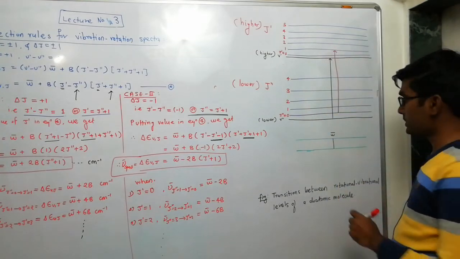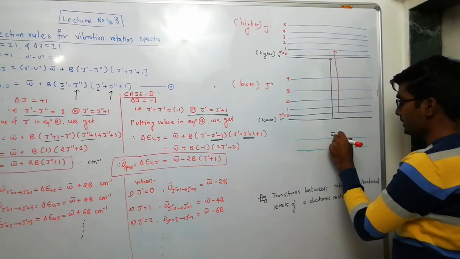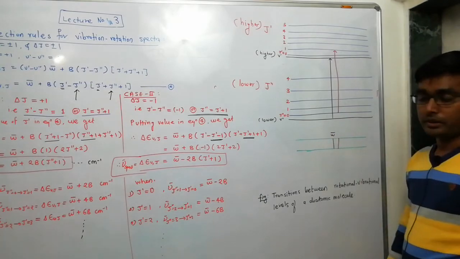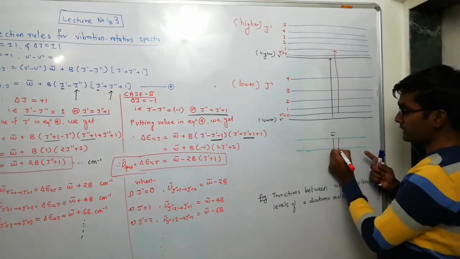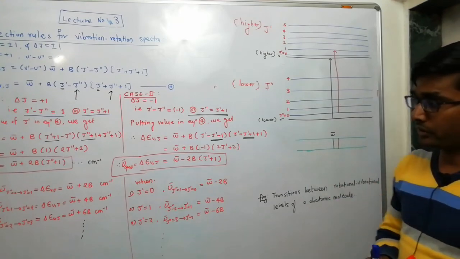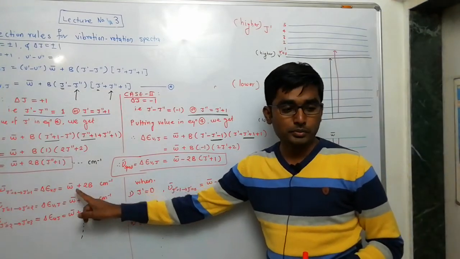This is the first transition and the first line is observed here. So the value of this first line is equal to how much? We have just calculated: omega bar plus 2b.